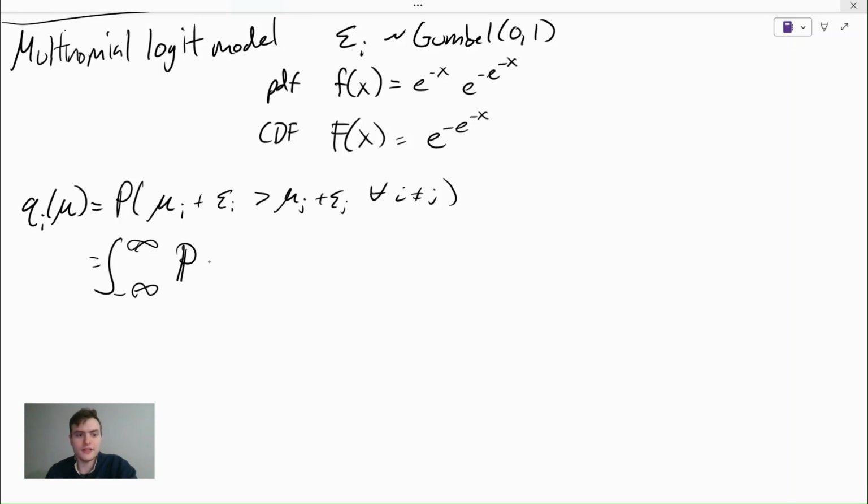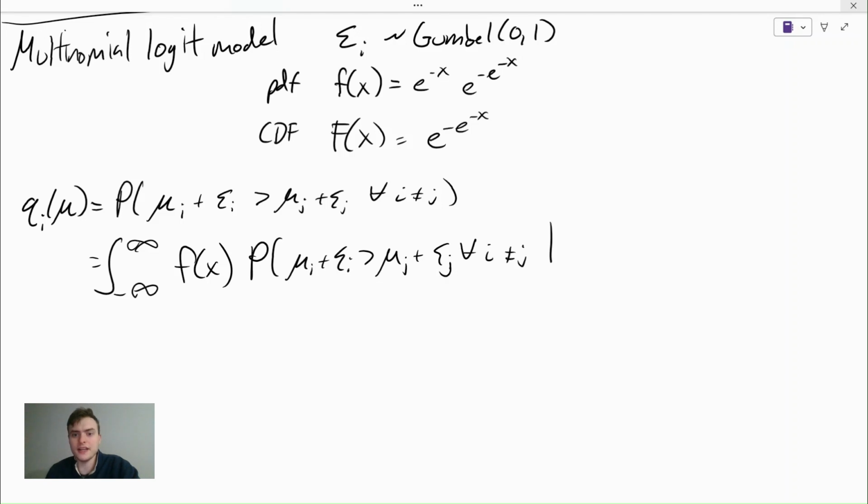So one, we'll write the f of x first, the probability of getting a certain eps_i, and then we'd have to multiply that by the probability mu_i plus eps_i is greater than mu_j plus eps_j for all i not equal to j, given that eps_i equals x, dx, right?